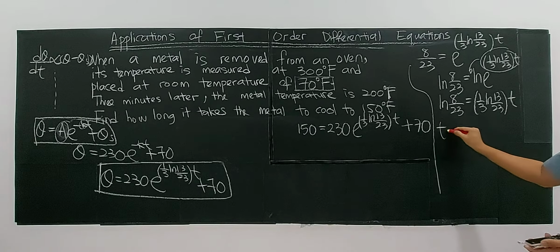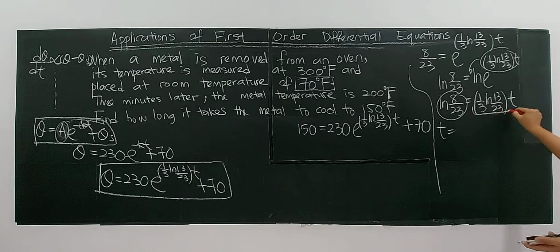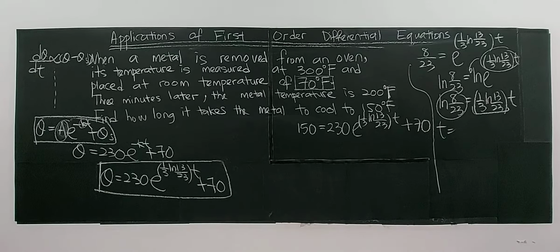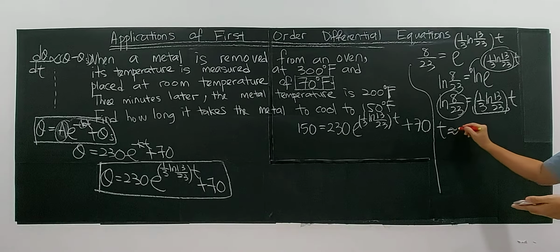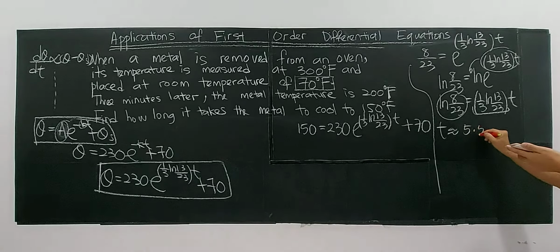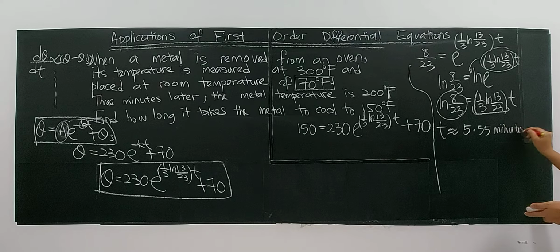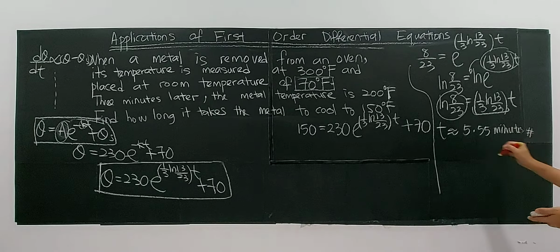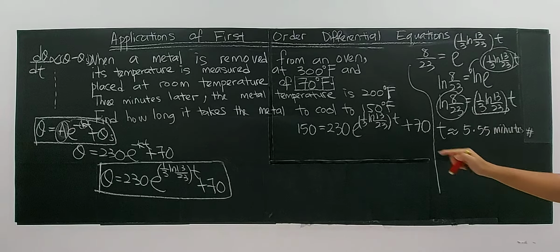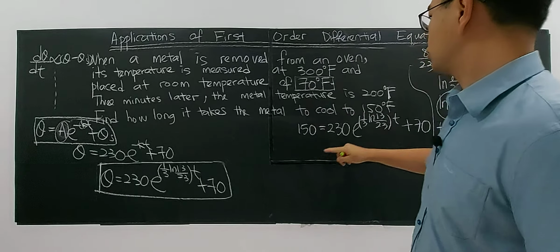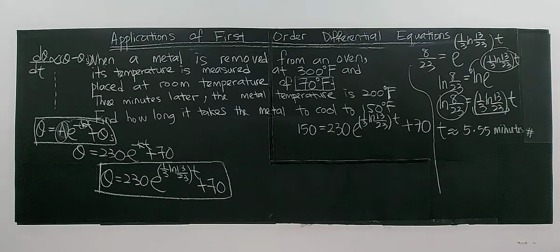Of course, you take everything here and divide by this number. Let's calculate. After rounding off, it is around 5.55 minutes. So it takes 5.55 minutes for the object to cool from 300 degrees Fahrenheit to 150 degrees Fahrenheit.